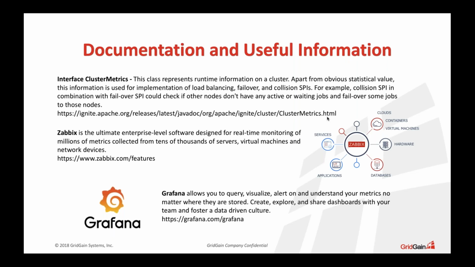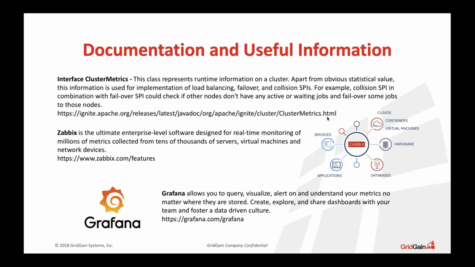So basically that would be it. And guys, here's some stuff that we use for documentation and useful information. You can find JMX metrics for the clusters on our Apache Ignite website. Information about third-party monitoring software that we used, for example, is Zabbix.